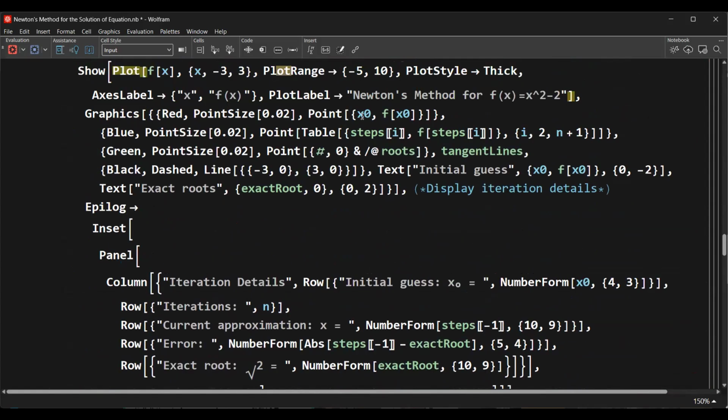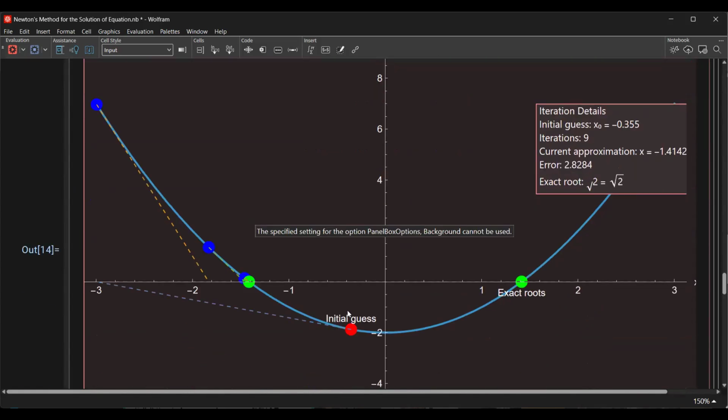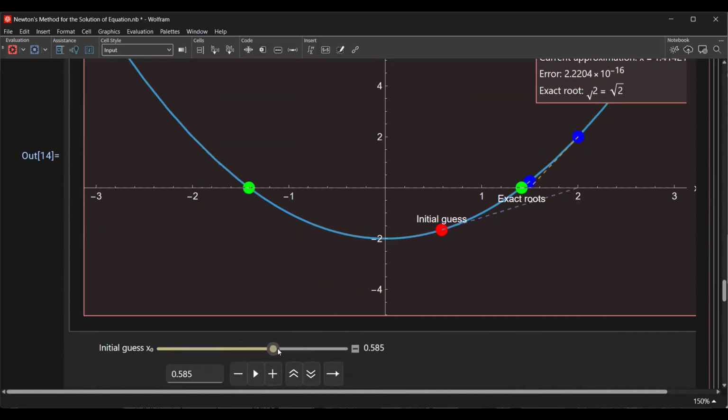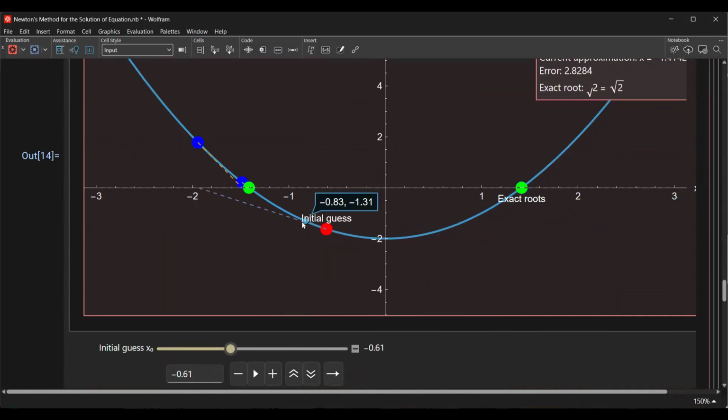Then we start at x sub 0 and f of x sub 0. These are the initial values of x and y. So we have the blue point here. So the blue point is moving above the x-axis. For example, our first approximation here is this negative 1.7.